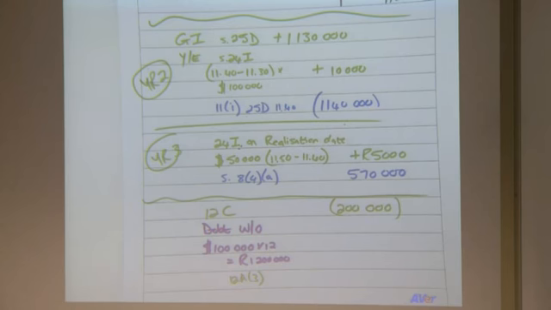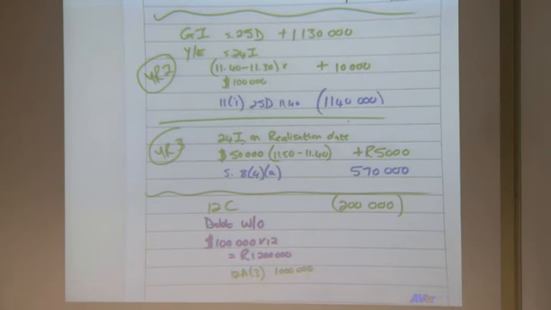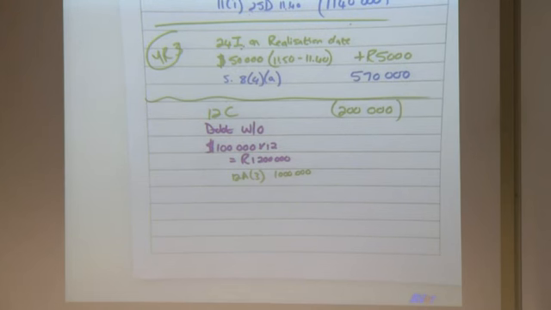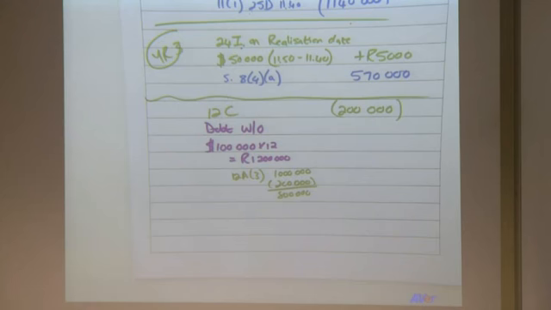Okay. My expenditure incurred, everybody happy with the million? That was original expenditure incurred. I've already claimed 200,000, which gives me 800,000. Yes?